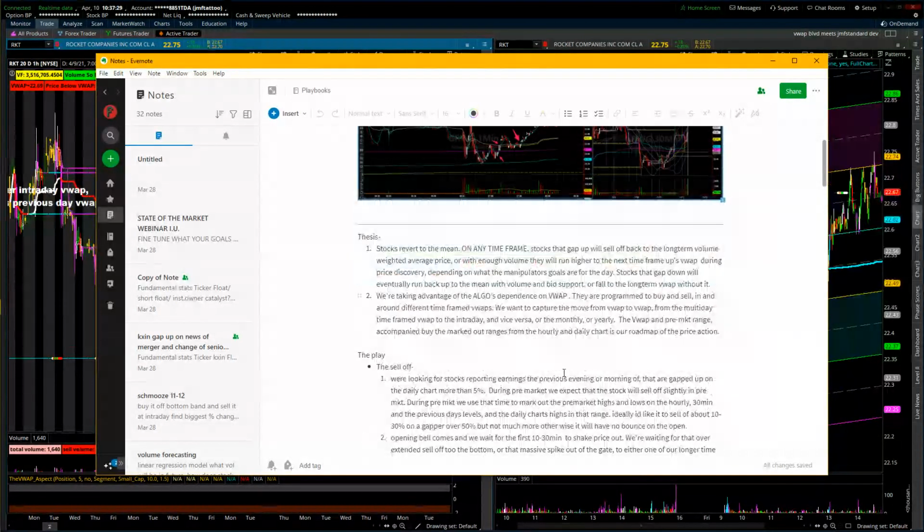My thesis is that stocks revert to the mean on any time frame. Stocks that gap up will sell off back to long-term volume weighted average price, or with enough volume, they will run higher to the next larger time frame VWAP during price discovery, depending on what the manipulators' goals are for the day. When I say manipulator, I just mean whoever the large hand traders are that day for that stock.